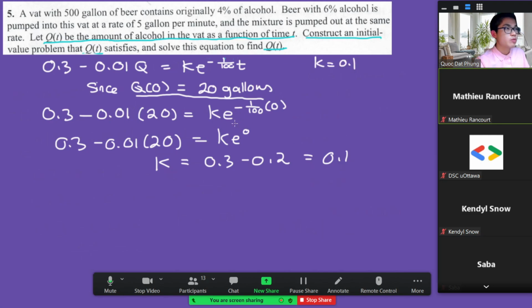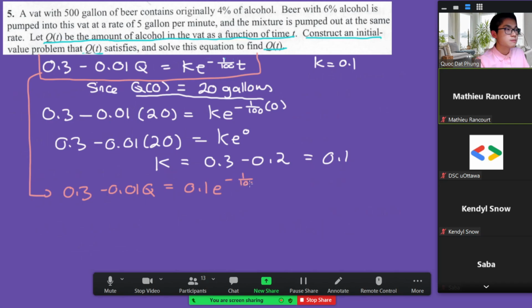Now that we know K, we should substitute it back into this equation in order to find Q. Now we're going to bring the 0.3 over to this side. And then we multiply both sides by -1 to get rid of this minus sign here.